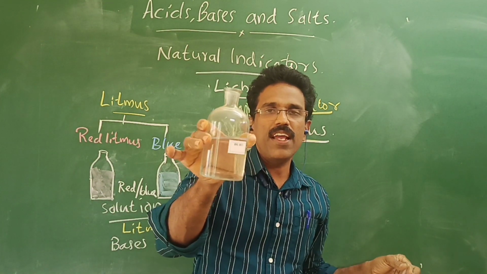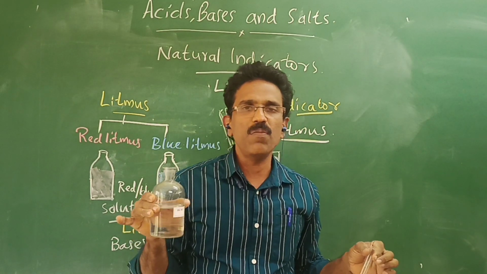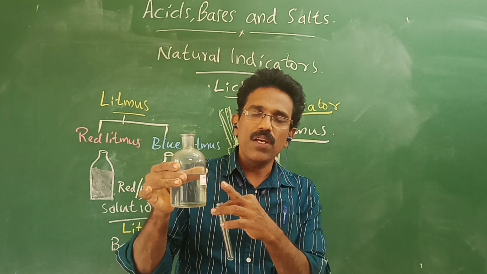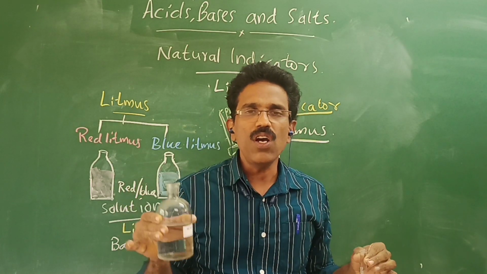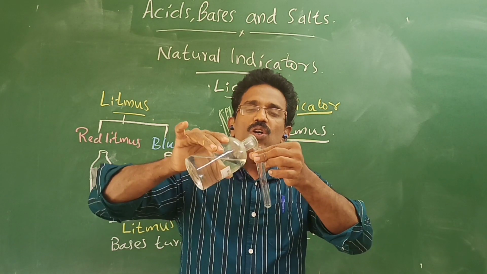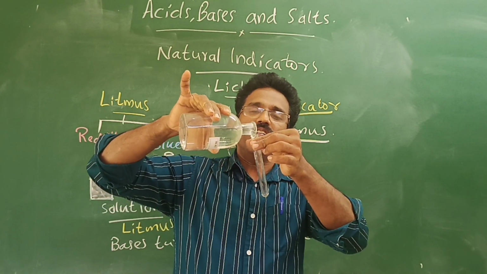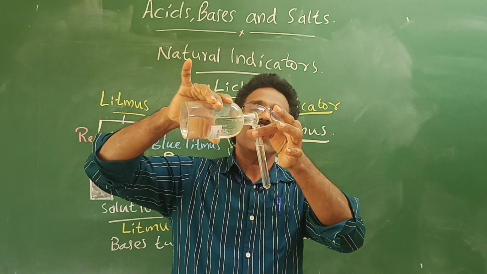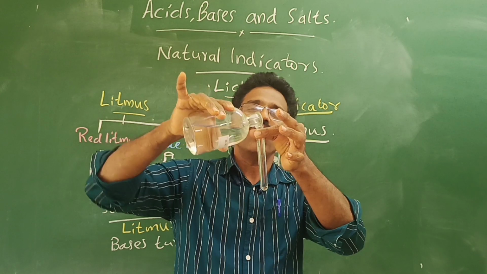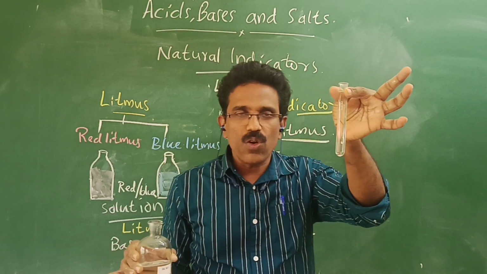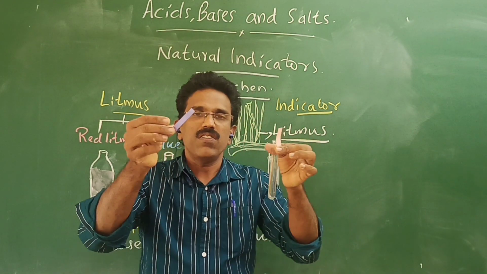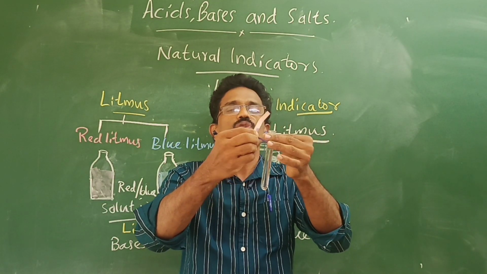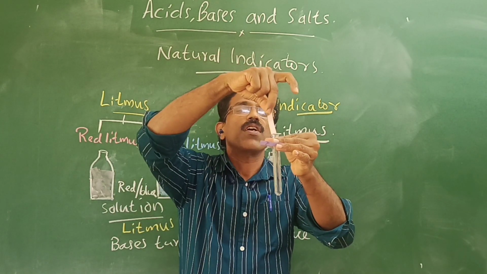Now we can test acids by using red and blue litmus paper. I have taken dilute HCl. Dilute HCl means hydrochloric acid mixed with water. I have taken hydrochloric acid in the test tube. See, let us first dip a red litmus paper into the acid solution.